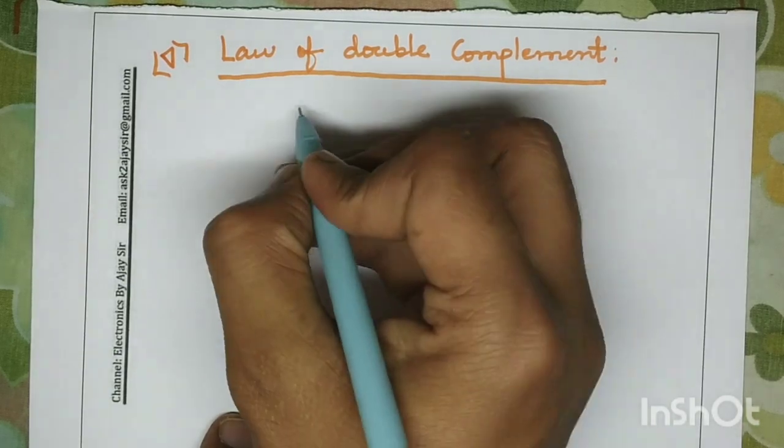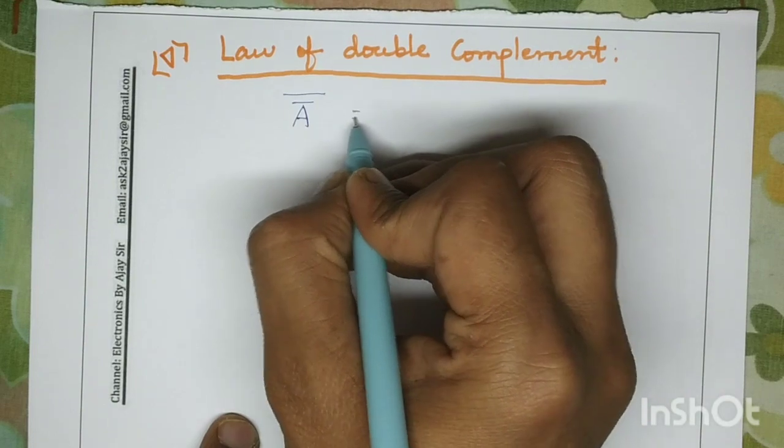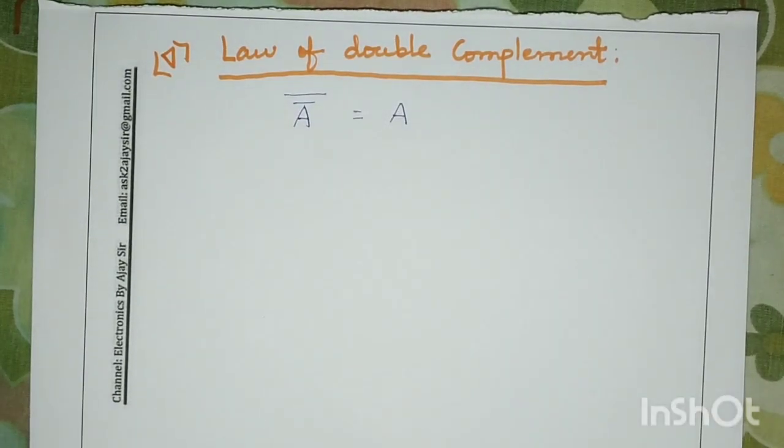According to the law of double complement, complement of A bar is equals to A, right?